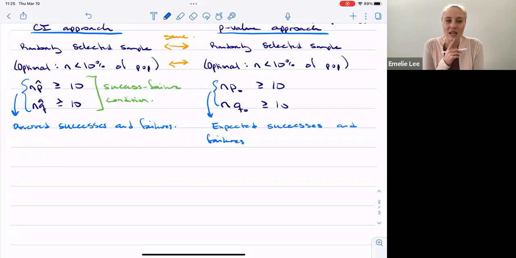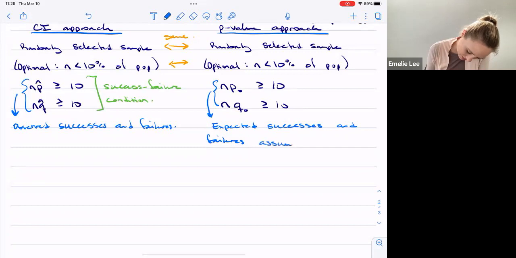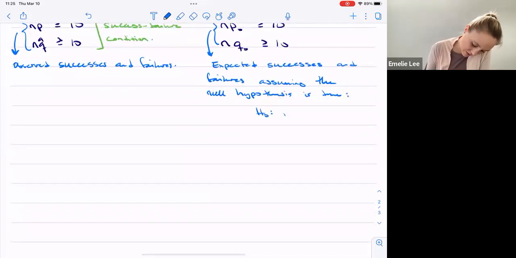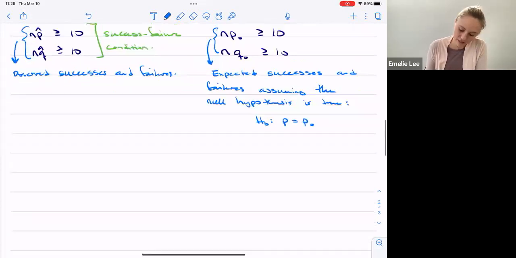And remember, when we're doing hypothesis testing, we do all our testing assuming the null hypothesis is true, right? And so that's the same for the conditions now. So the expected successes and failures, assuming the null hypothesis is true, which is that H naught is that P is equal to P naught, right?